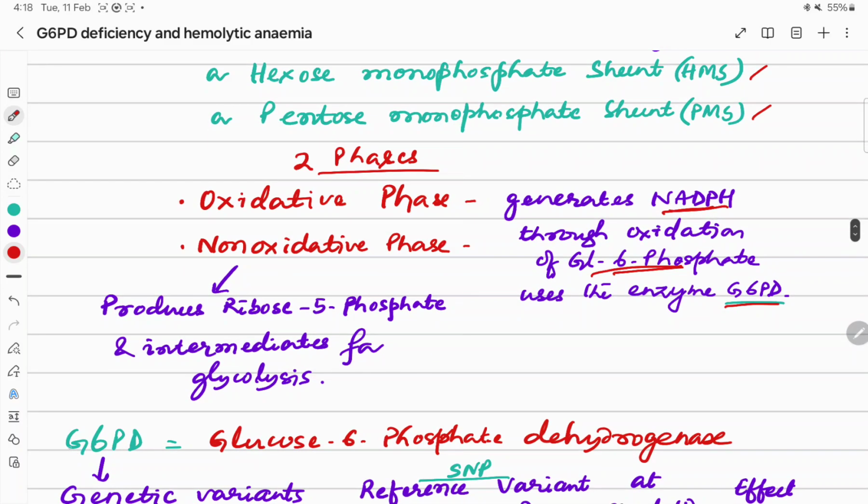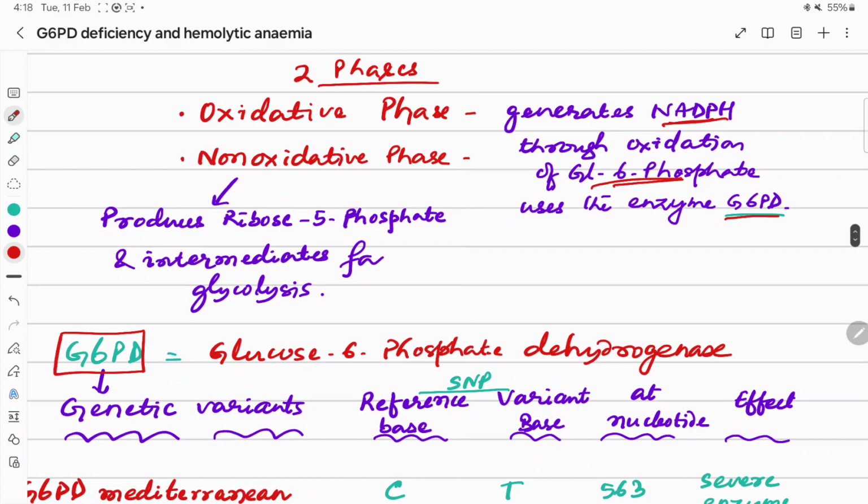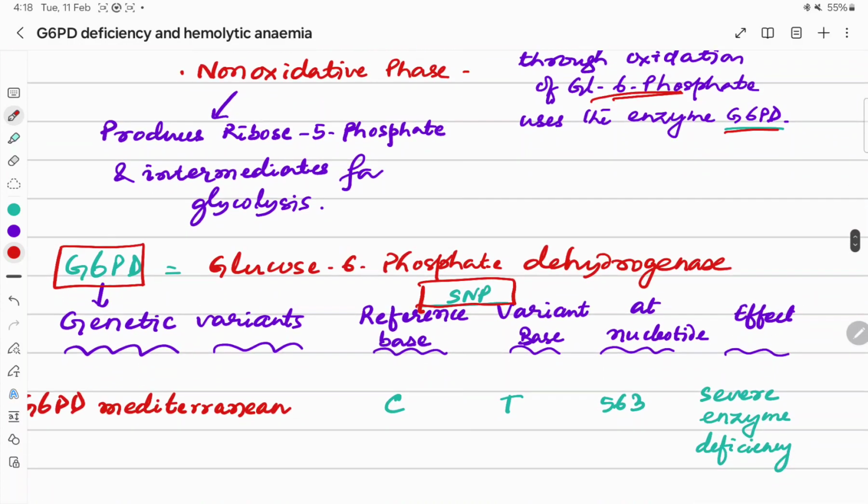So glucose 6-phosphate dehydrogenase, G6PD, has genetic variants, and there is single nucleotide polymorphism. So its variants have different bases than the normal one.